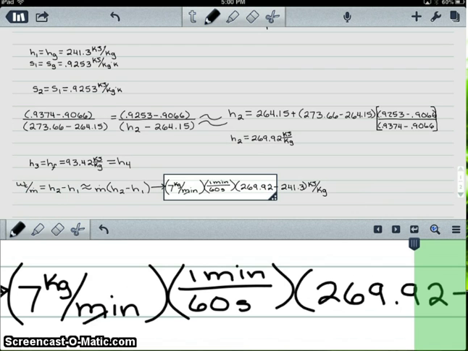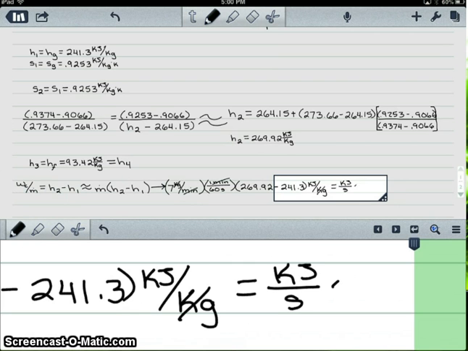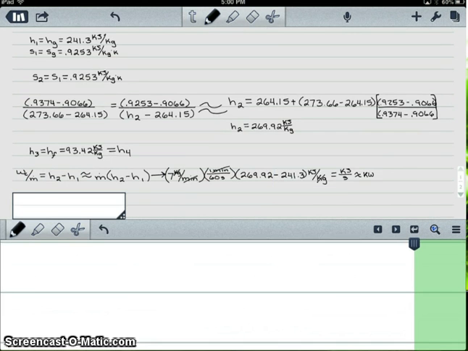Now we have kilograms times kilojoules per kilogram, which gives kilojoules per second, or kilowatts. Our value for the work of the compressor is equal to 3.339 kilowatts.